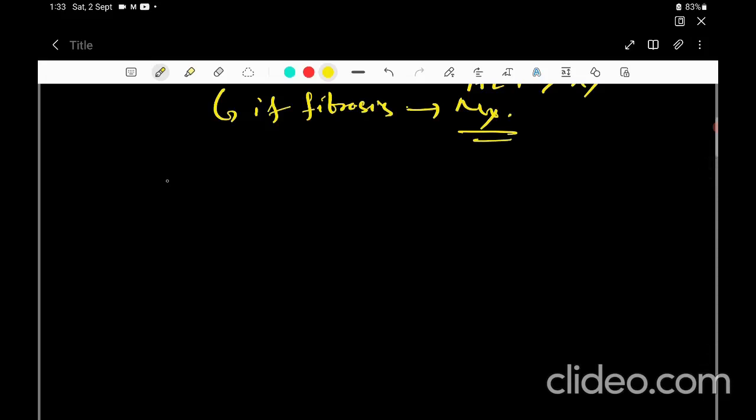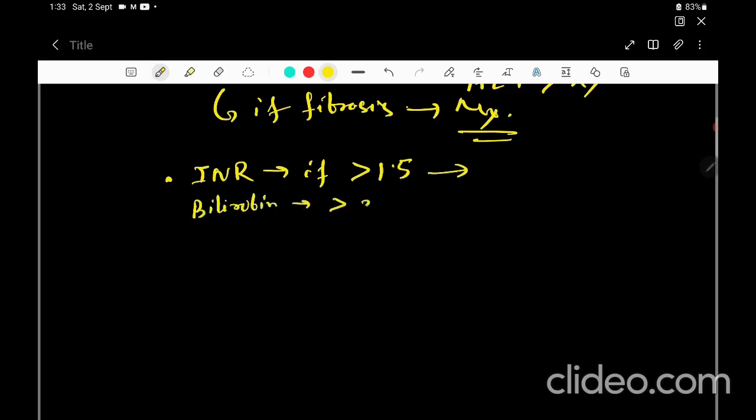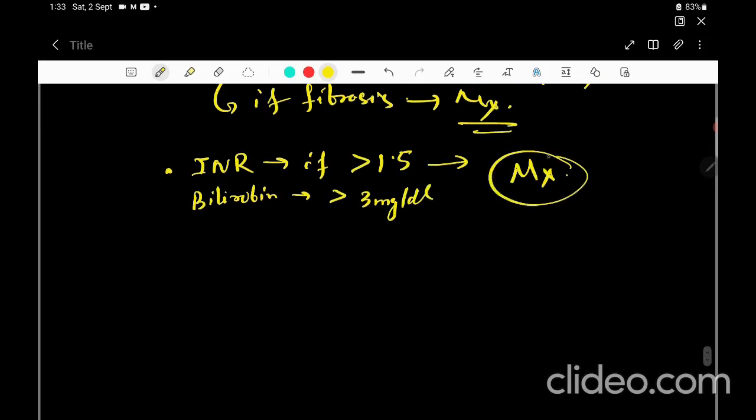And if you check the INR, if it is greater than 1.5, no matter if there is cirrhosis or no cirrhosis, or if you check bilirubin and it is greater than 3 milligram per deciliter, definitely go for managing the patient.